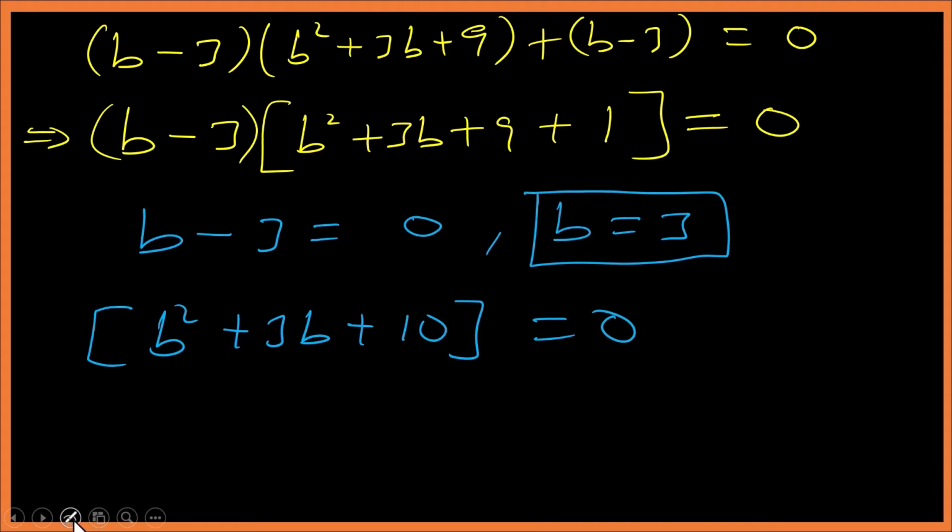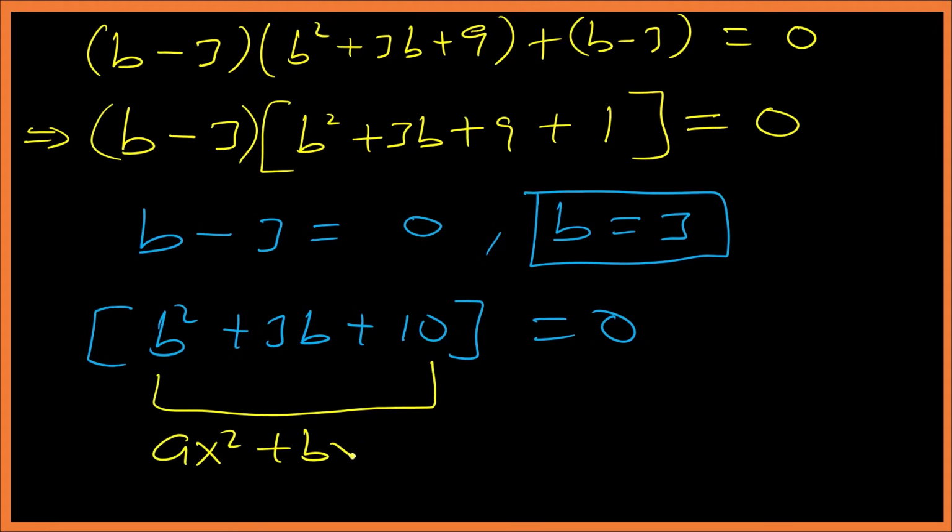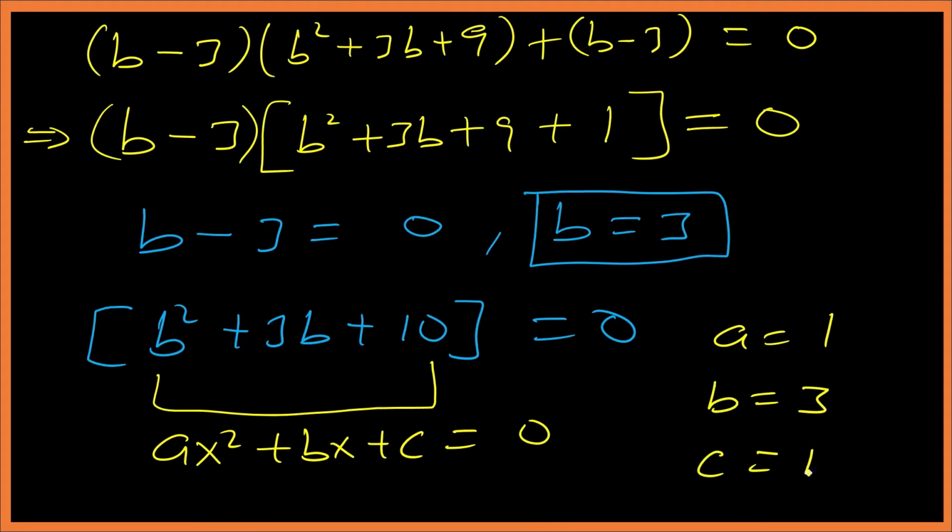Let's compare this one with the quadratic equation ax squared plus bx plus c equal to 0. So a is 1, b is 3, and c is 10.